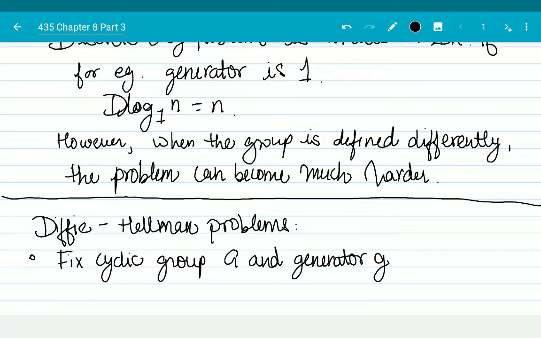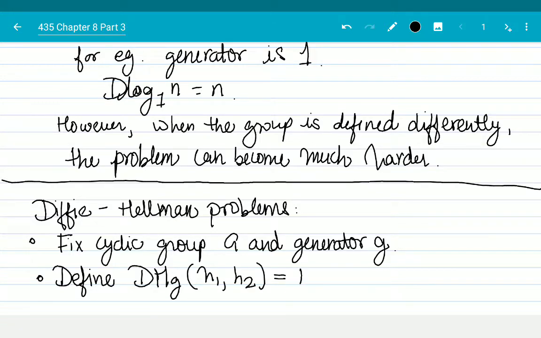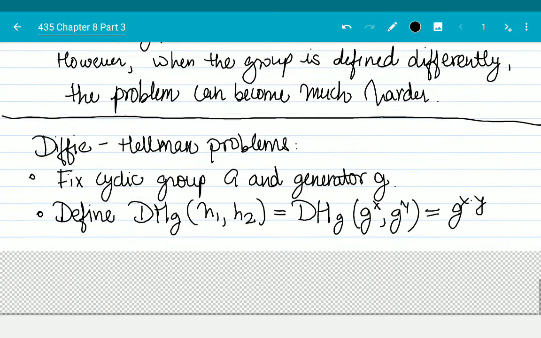I am going to define DH_g of (h1, h2) as follows: suppose h1 is g to the x and h2 is g to the y, then Diffie-Hellman is g to the x multiplied by y. Okay?